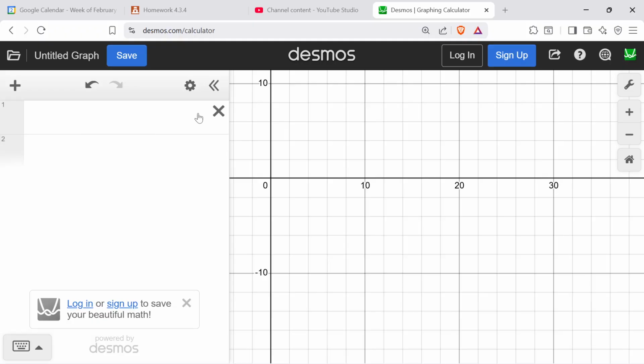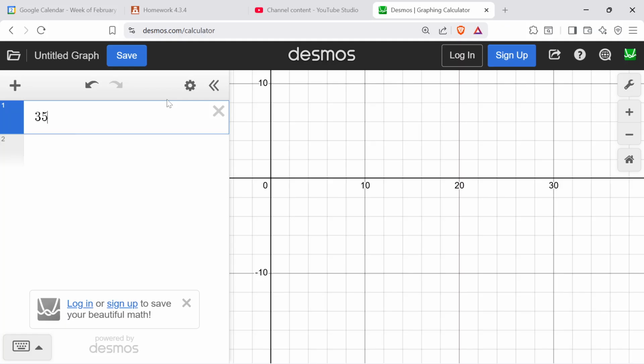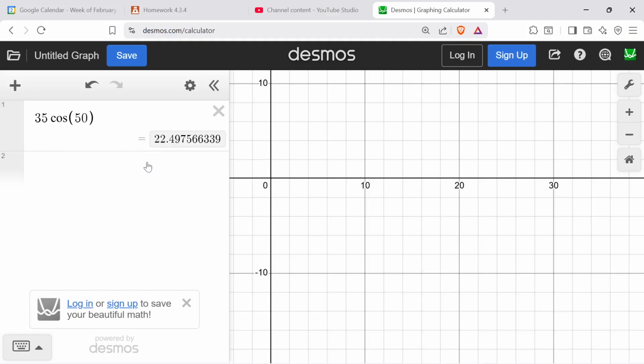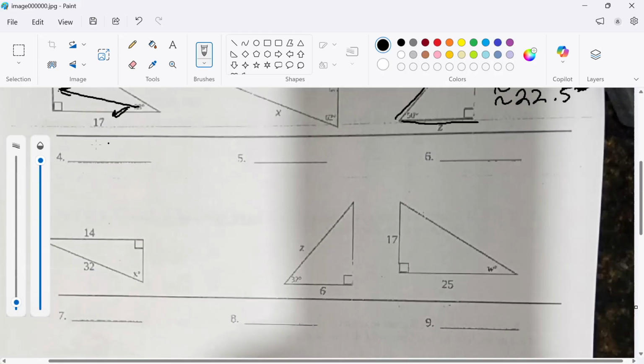I'm imagining that that's 50 degrees. If it's not, do it with whatever it is, if you know what it's supposed to be. On test day, you should be able to read your paper. So that's approximately 22.5. Not 22.5 degrees, 22.5. I'm not looking for an angle there.